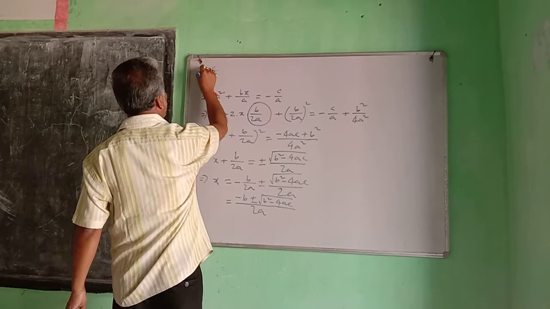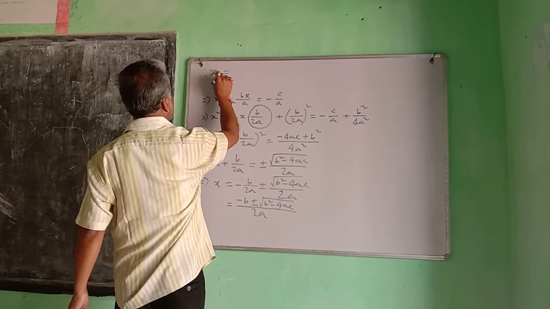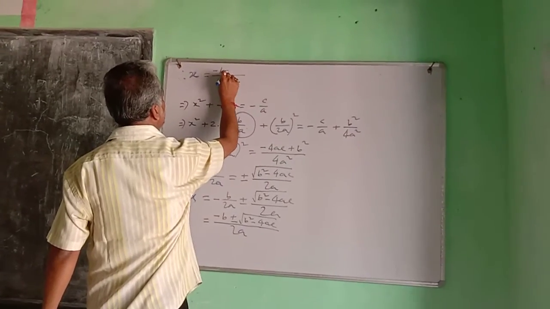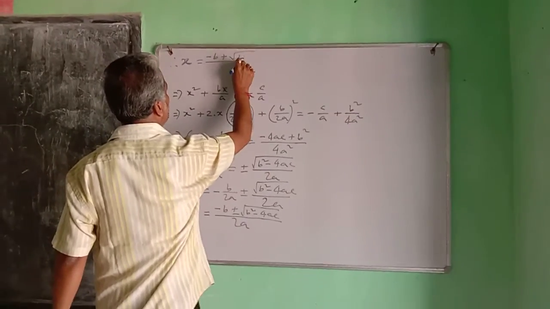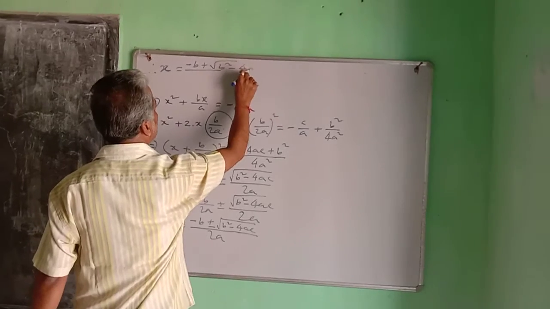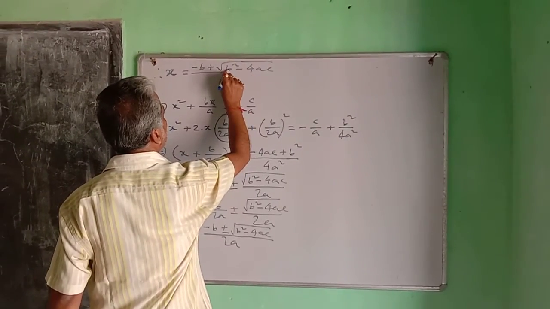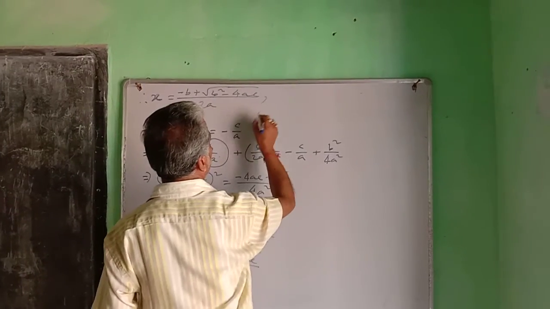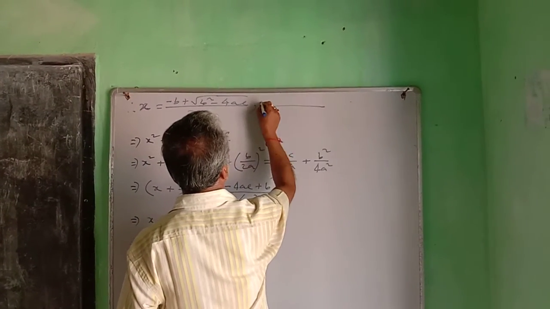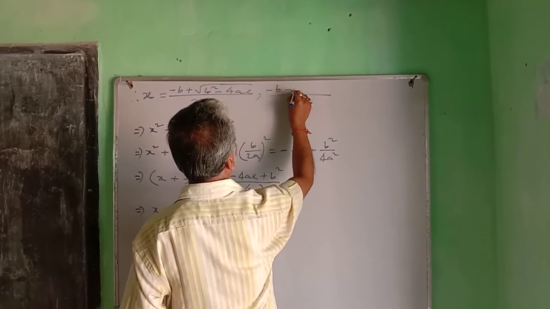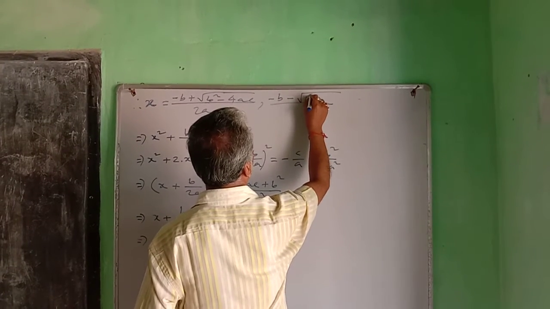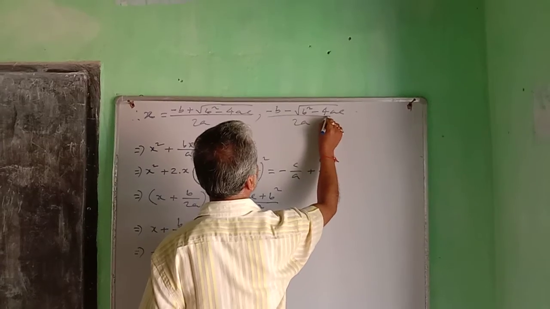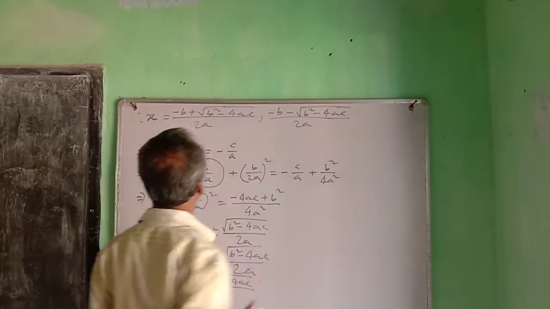Therefore x is equal to minus b plus root b squared minus 4ac divided by twice a, and the other is minus b minus root over b squared minus 4ac by twice a. So these are the two roots.